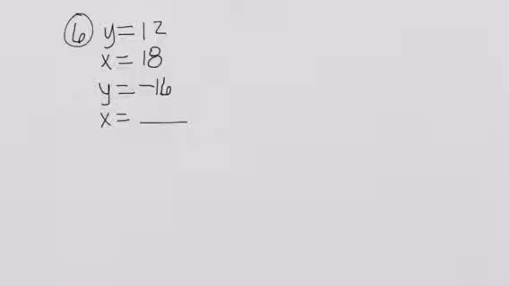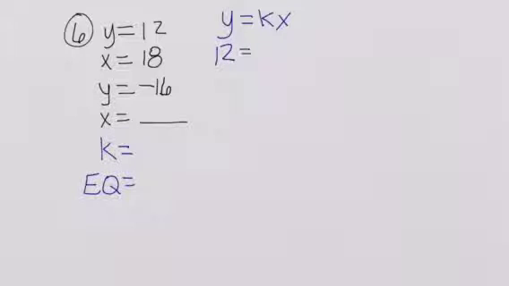All right, we're going to go ahead and find our constant of variation k, and we're also going to find our equation, and then we have to find our missing x. So because y varies directly with x, we're going to start with our formula. Y is equal to kx. Y, in this case, is going to be 12, is equal to k times 18.